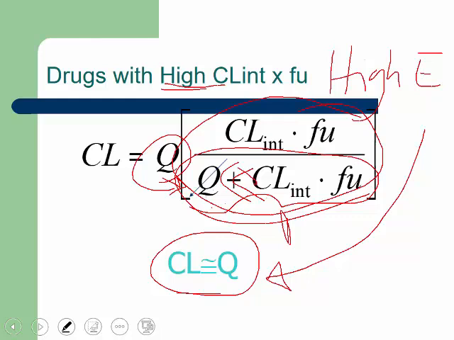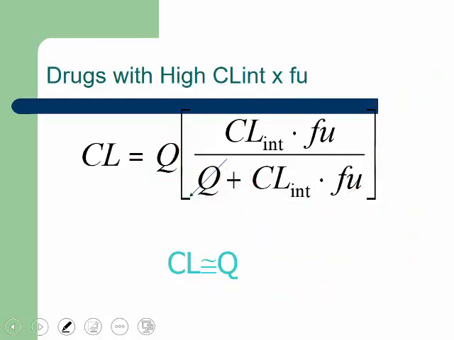If the blood flow increases, clearance increases. If the blood flow decreases, then clearance will decrease. So if you ask, what are the determinants of clearance? Well, for a high extraction drug, it's blood flow to the organ. We're getting to the bottom of things, aren't we?